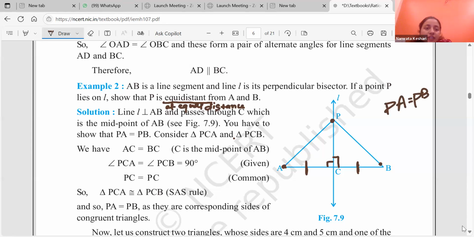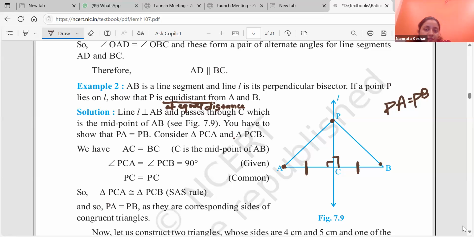We are thinking that if we can somehow prove the left triangle and right triangle congruent, then maybe PA and PB will come out the same. Is it making sense to all of you?